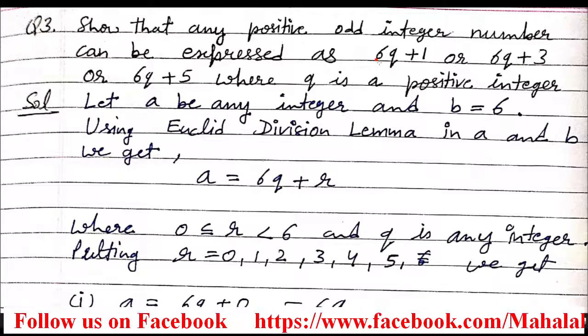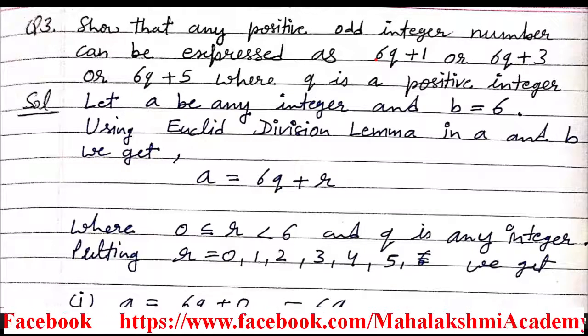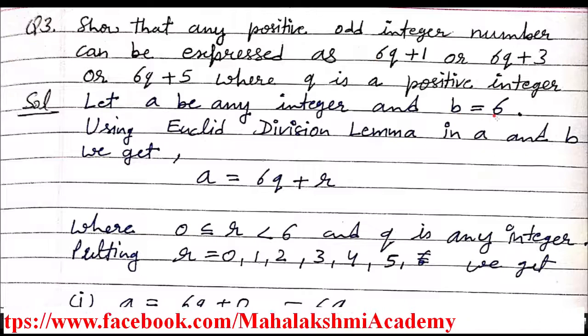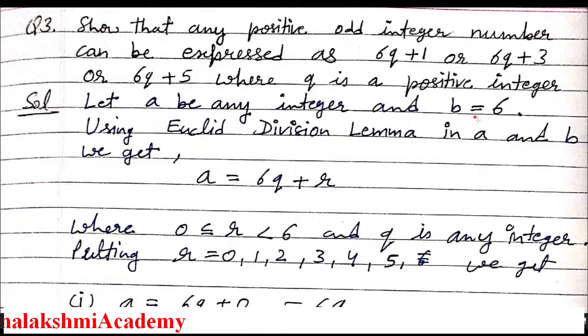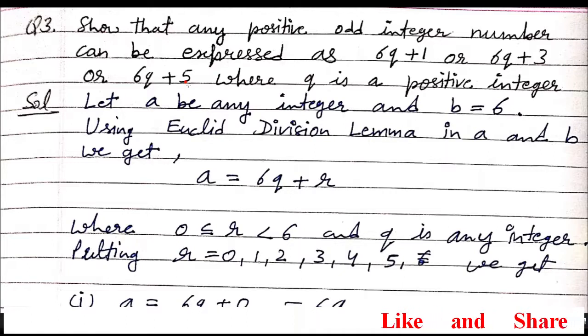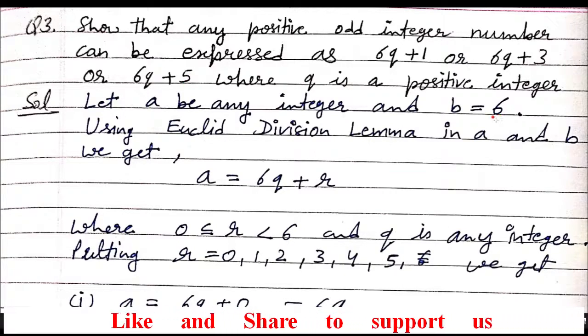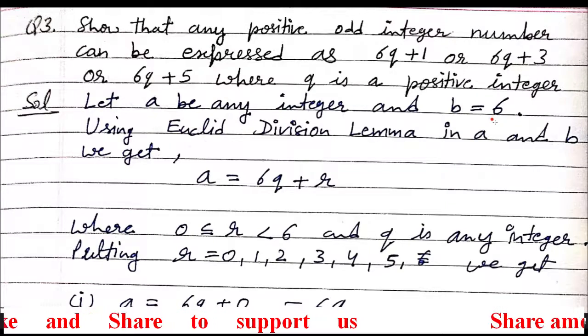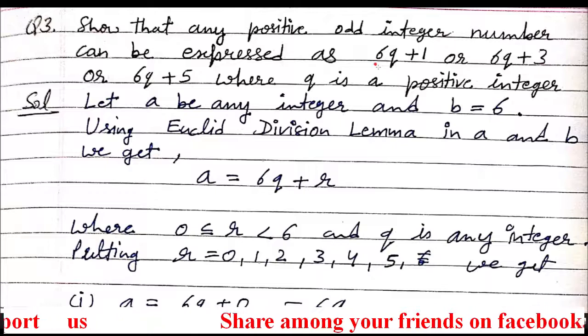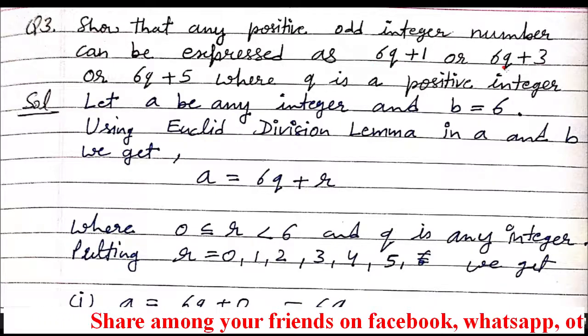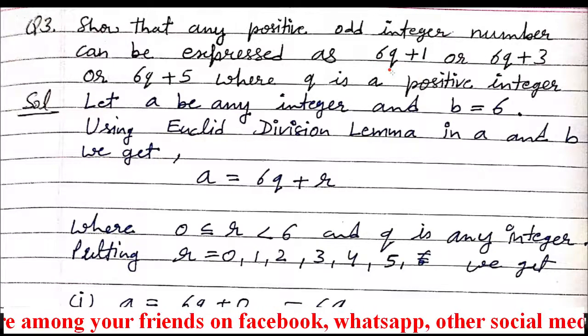That's why I am selecting b equal to 6, because if we do not take b equal to 6 and take 2 or 3, then we are not going to achieve this 5. To achieve this 5, at least b equal to 6 we should take. Again I am repeating why we took b equal to 6: because we have to bring it in the form of 6q plus 1, so everywhere 6 is there with the q.